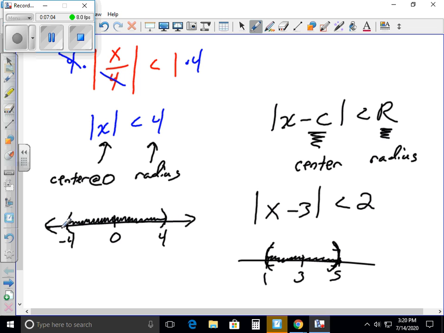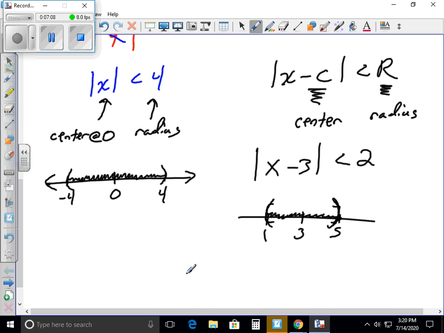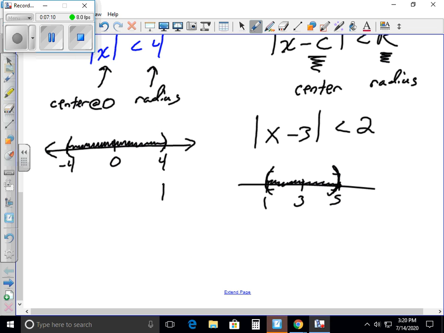So the test fails at negative 4 and 4. What does that mean? That means we need to substitute 4 into our series and check when x is 4, is that series that we end up with going to converge or diverge? And then we would do the same thing at negative 4.